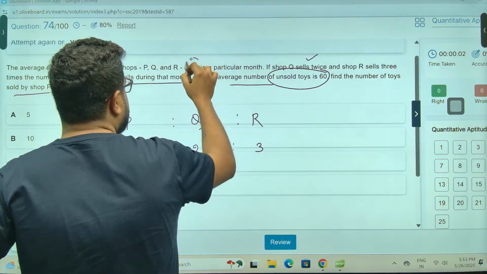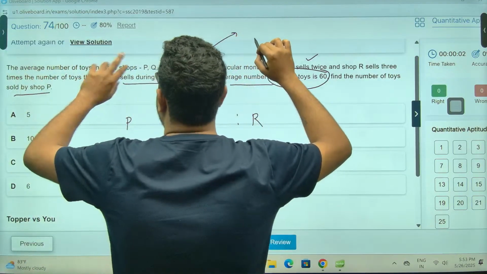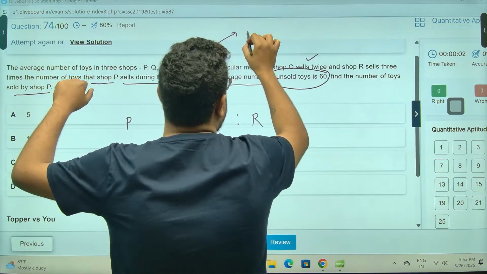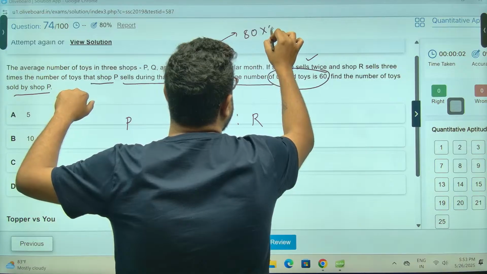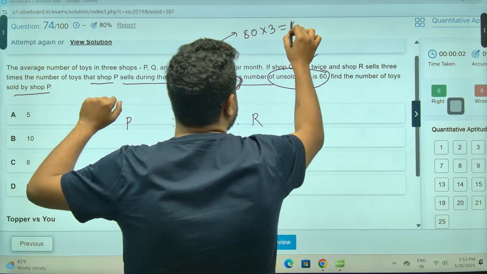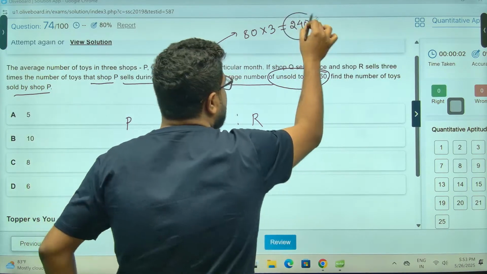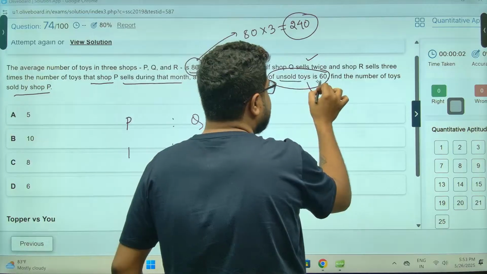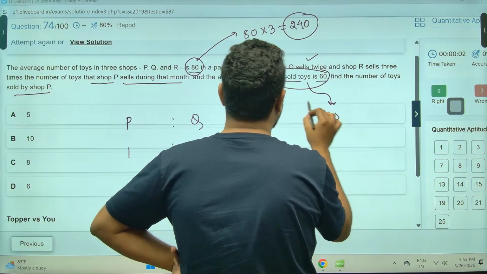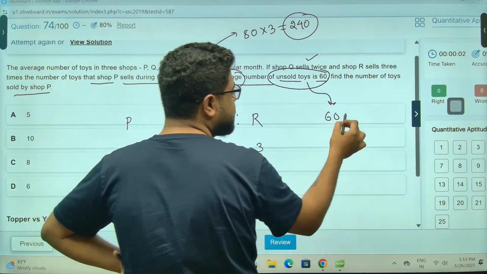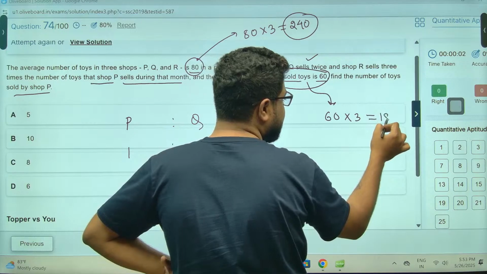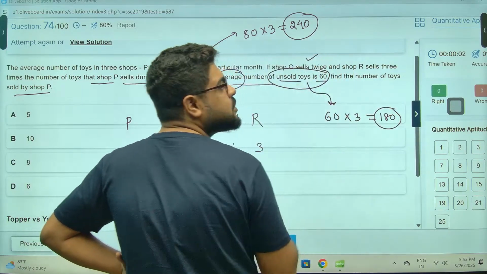Total stock: the average is 80, so total will be 80 times 3, as there are 3 shops. That is 240 items. Unsold toys average is 60, so total unsold toys will be 180. How many toys were sold?